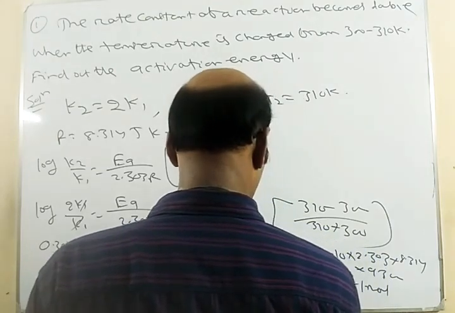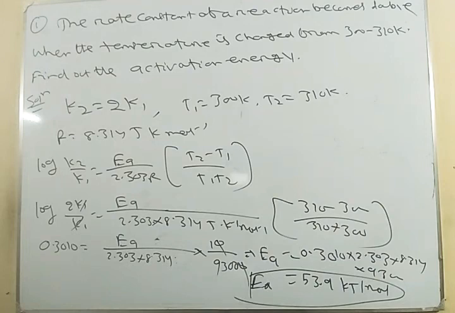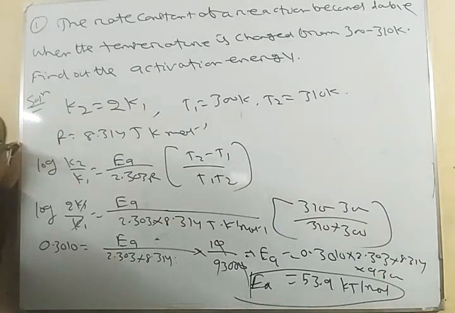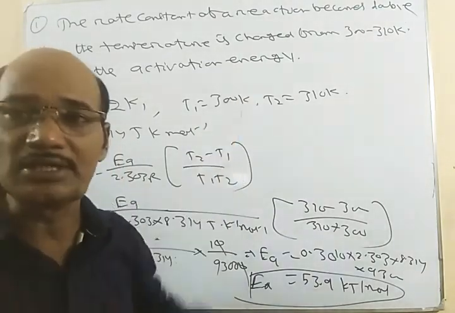So Ea equals 53.9 kilojoule per mole. This is how we can determine the activation energy of a particular reaction when the temperatures are given.